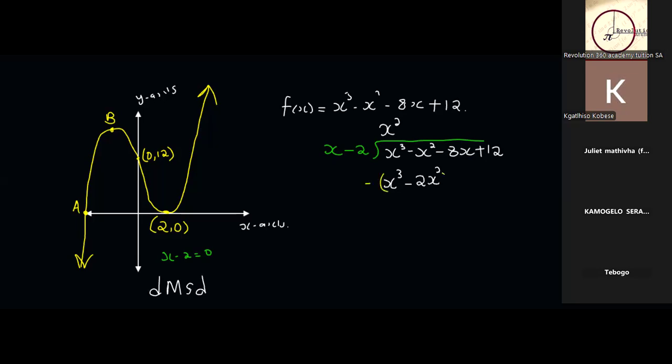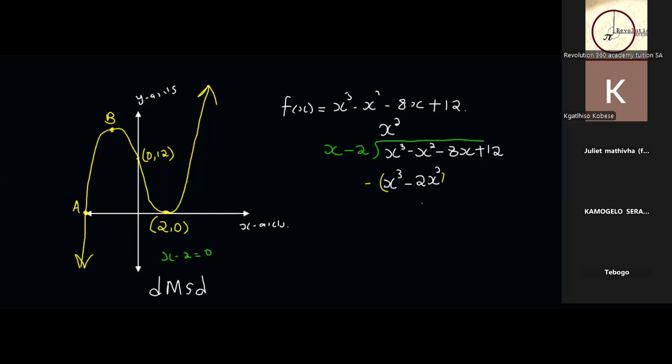And then negative times negative is positive. So minus 1 plus 2. What is minus 1 plus 2, guys? That should be x squared. Do you all see?